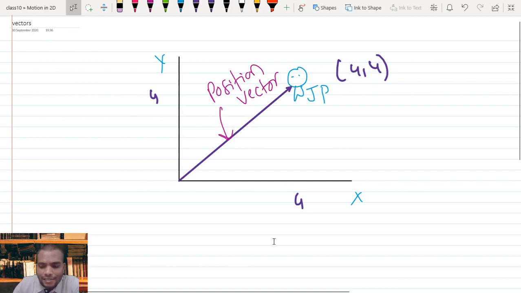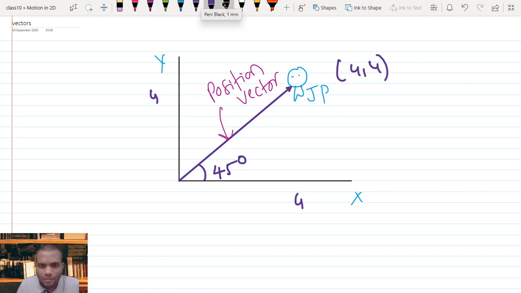This position vector tells about the distance of the object from the origin. The length of the vector tells about the distance of the object from the origin, and it tells about the direction too. So what is the direction? I need to measure the direction with the help of a protractor. You can take a 45 degrees angle with respect to the x-axis.